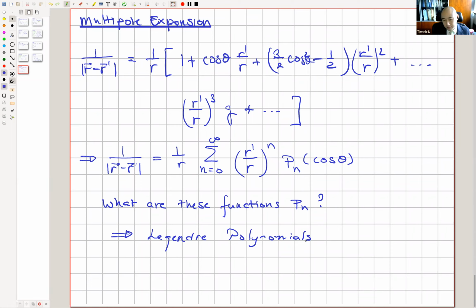Okay, let's see if we can set out to prove that these Pn are indeed the Legendre polynomials. So for those who feel free to put your hands down, let's take a first look at this.